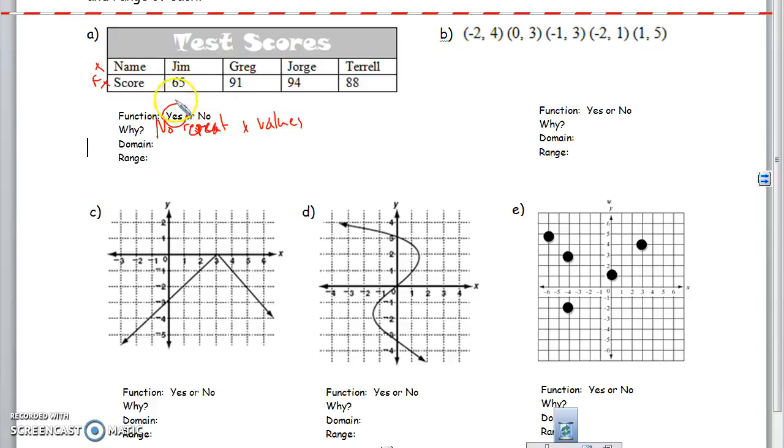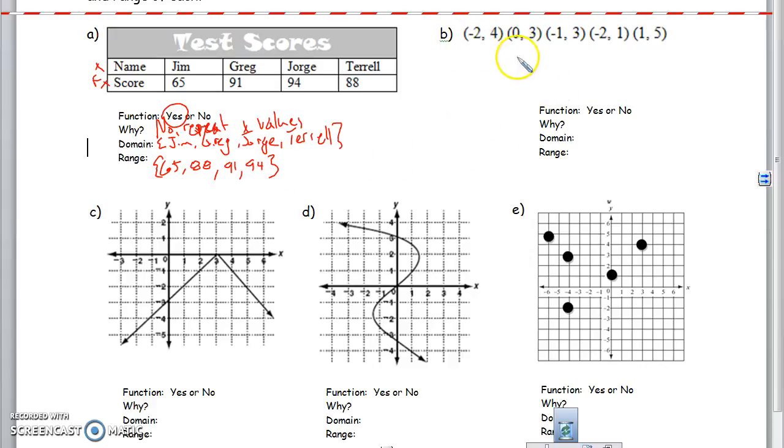The domain is all of the names: Jim, Greg, Jorge, and Terrell. And then the range, from least to greatest, is 65, 88, 91, and 94. That's it.